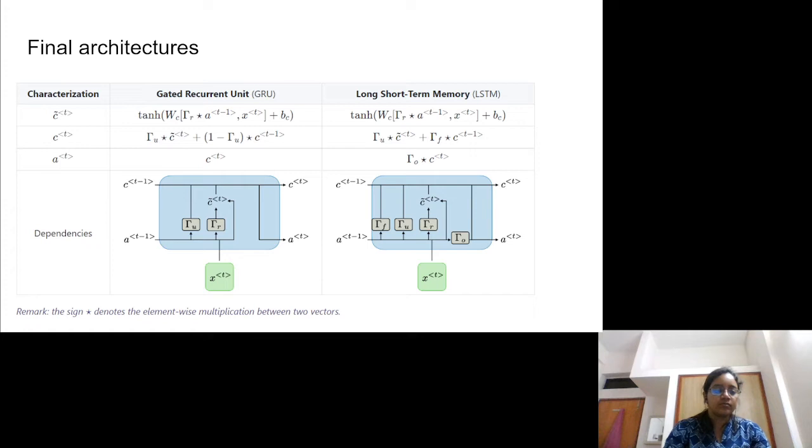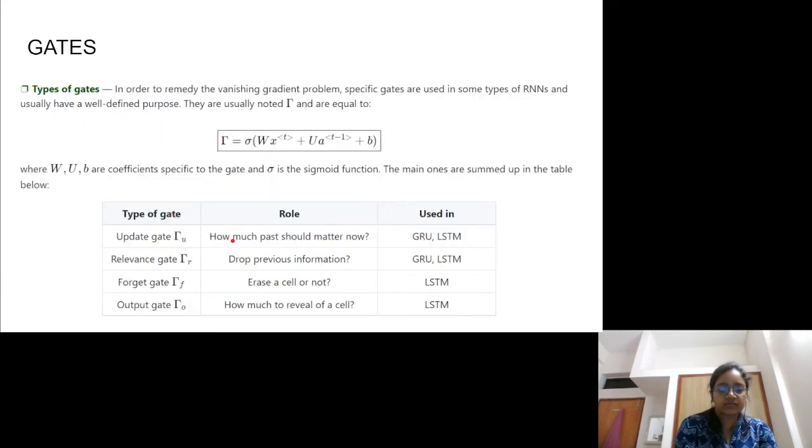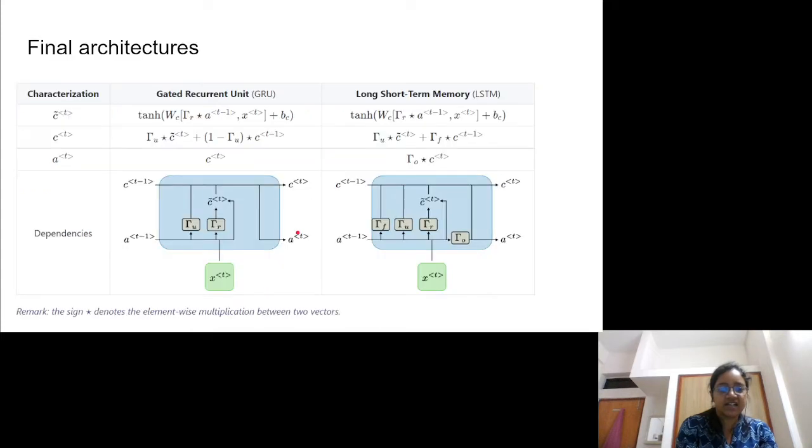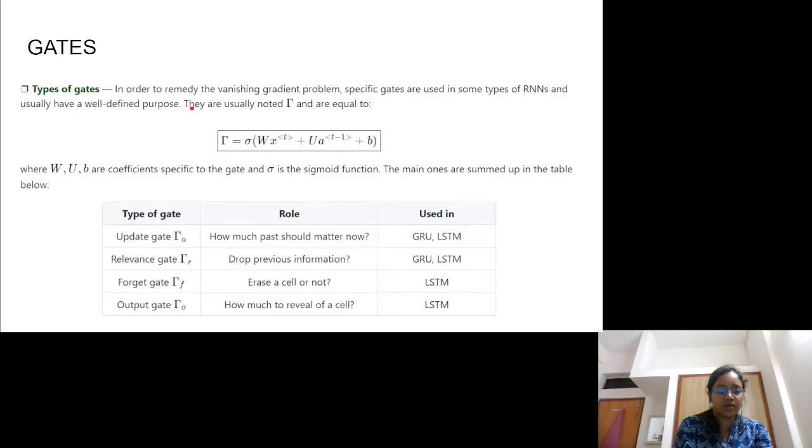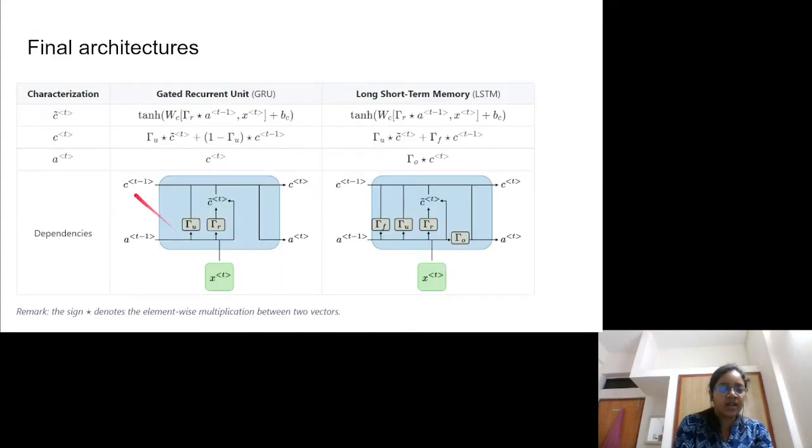The dependencies are very similar: the current cell state is created in the same way, asking how much of the previous information should matter. You use that via the relevance gate.